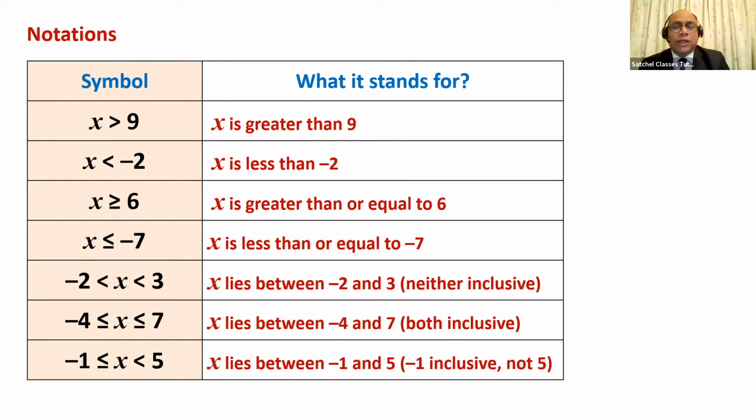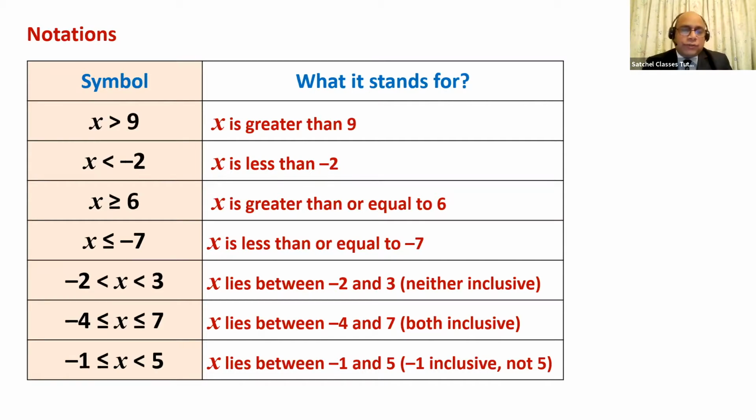In the next case, it will be x is less than or equal to -7. Once again, that little line below the less than symbol, less than or equal to -7. The next one, that's interesting. -2 less than x less than 3. So there are two ways of putting it. One way of saying it is x is greater than -2 and less than -3.